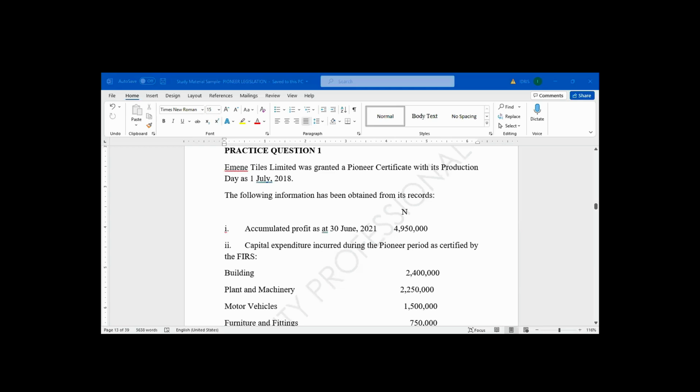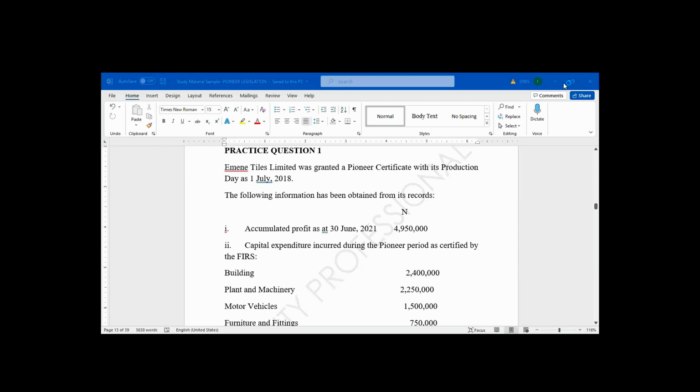The suggested solution regarding this question is already in the material, but I feel that it is better that we solve it using Excel. Since I'm not using a whiteboard marker, Excel will be so fantastic to solve this kind of question.